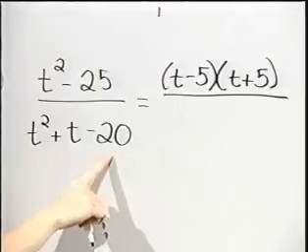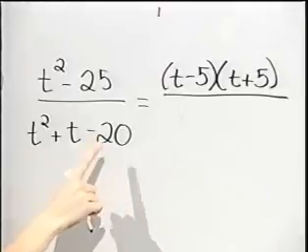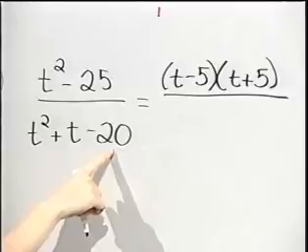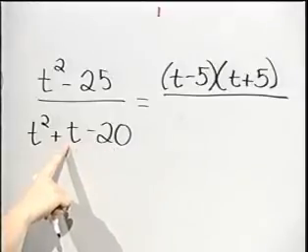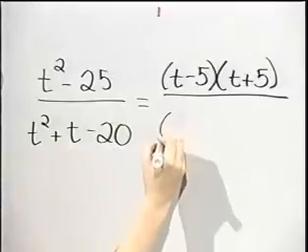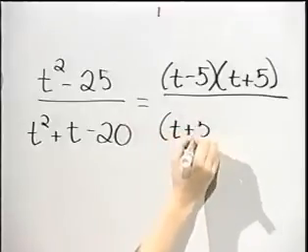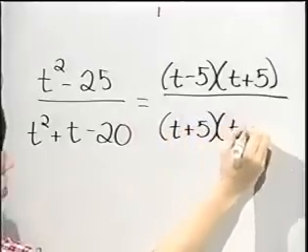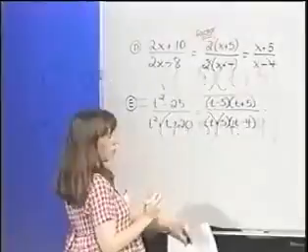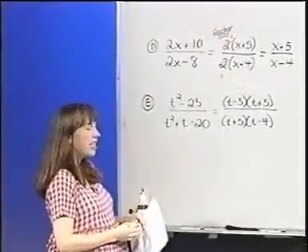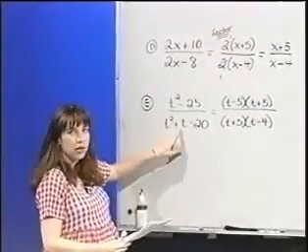On the bottom, you have a trinomial. You need two numbers that multiply to negative 20 but add to 1. I think that'll be t plus 5, t minus 4. That works. T plus 5 times t minus 4 gives us the bottom polynomial.